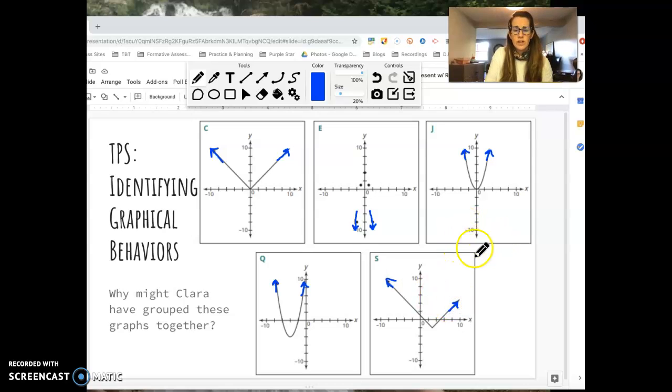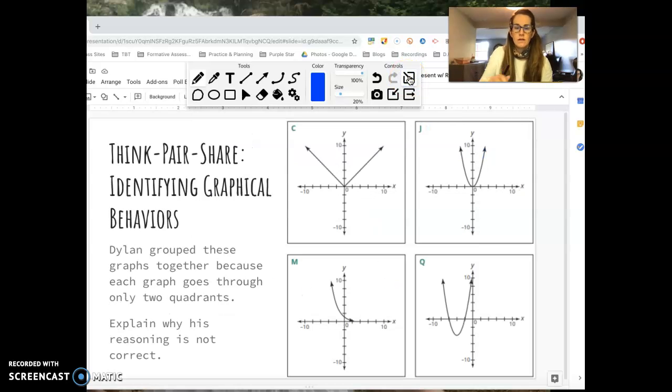And you see a couple of different kinds. This V shape is our absolute value graph. We'll start talking more about function families. This U shape is our quadratic function family. All right. So Dylan grouped these graphs together incorrectly.